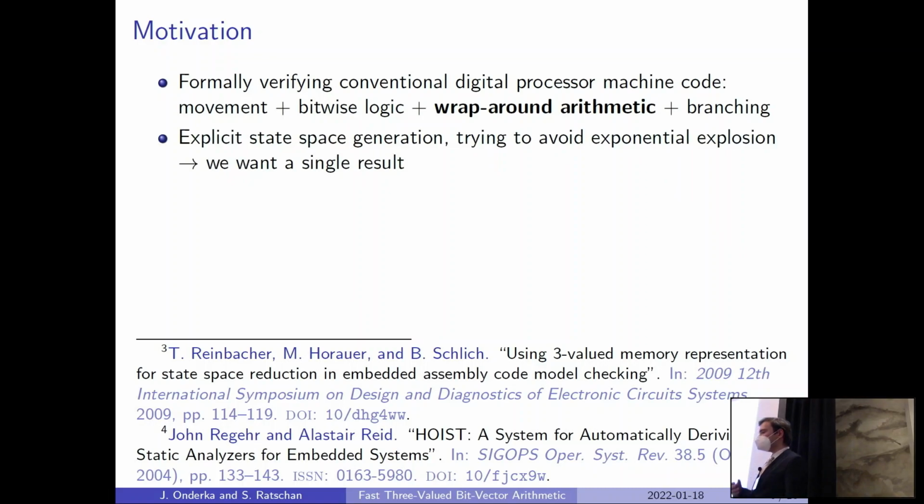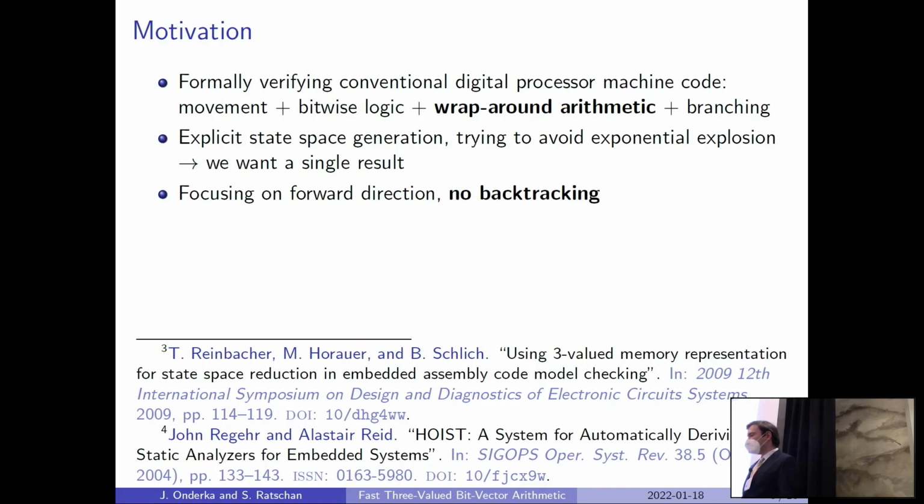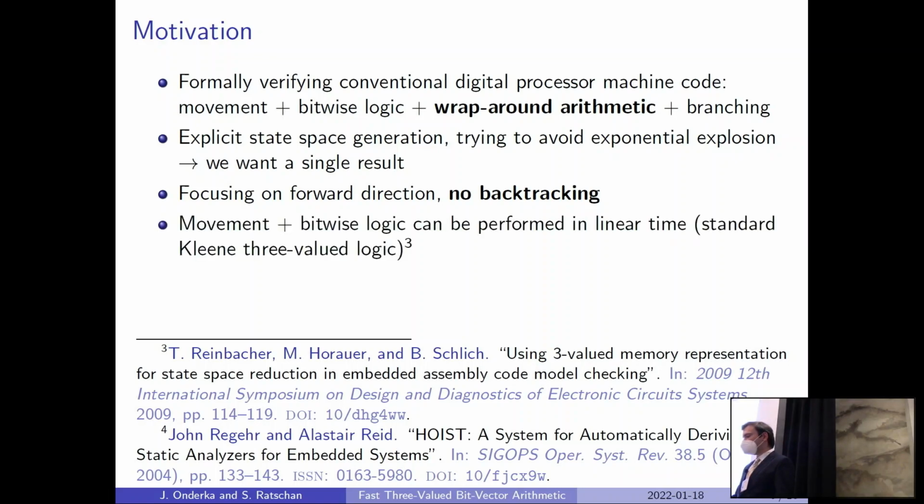We want to generate the state space of such machine code execution explicitly, but trying to avoid exponential explosion. So we use the three-valued abstraction, and we want a single result of every abstract operation. And in this talk, we will be focusing on the forward direction without any backtracking at all.